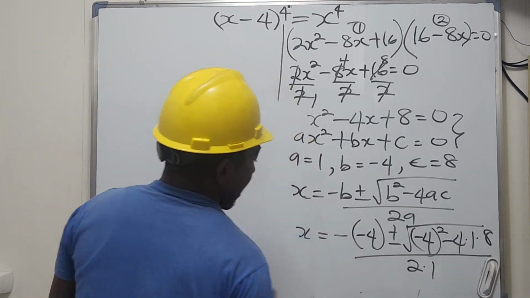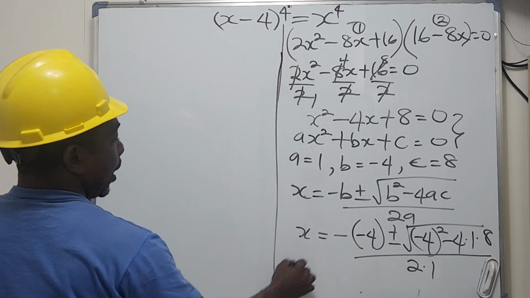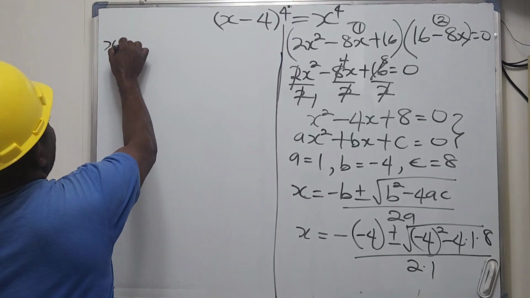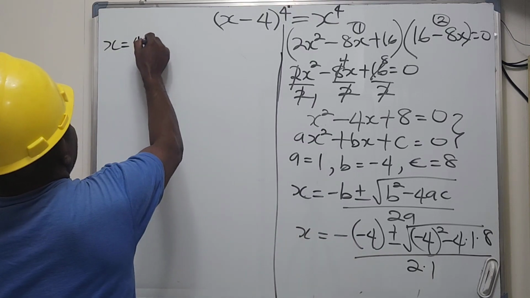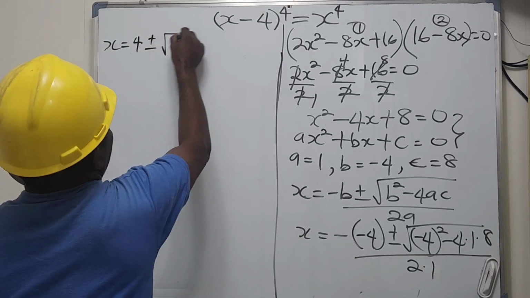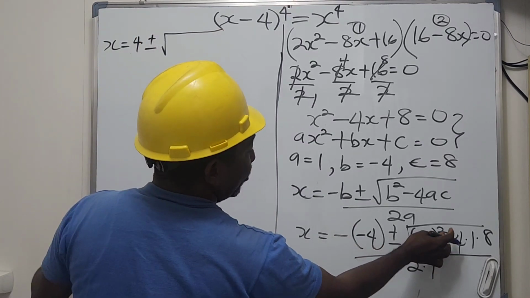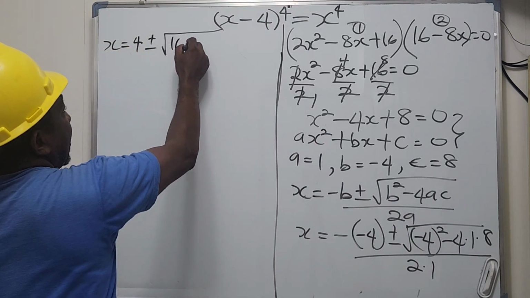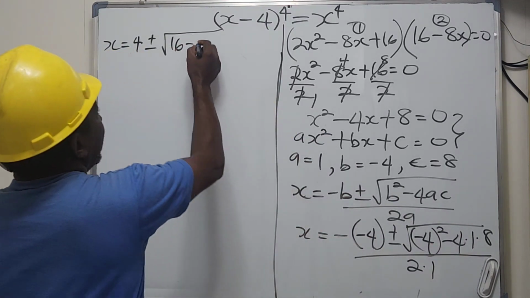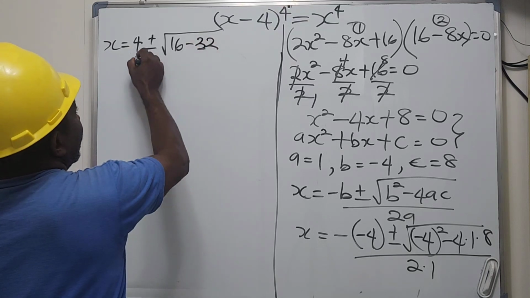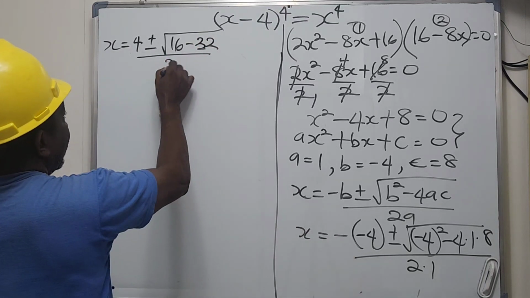So in this case, our value of x will be evaluated as we come over to this other side. And here we have the value of x equals to minus times minus 4 will give us 4. We have plus or minus square root of, we have minus 4 to the power of 2, which is 16. Then we have minus 4 times 1 times 8 will give us minus 32. All over 2 times 1 gives us 2.